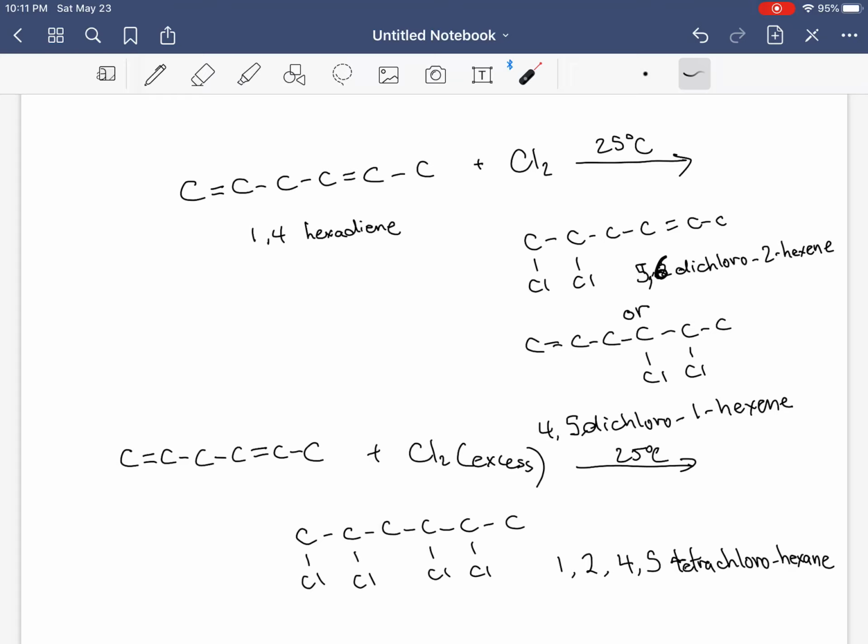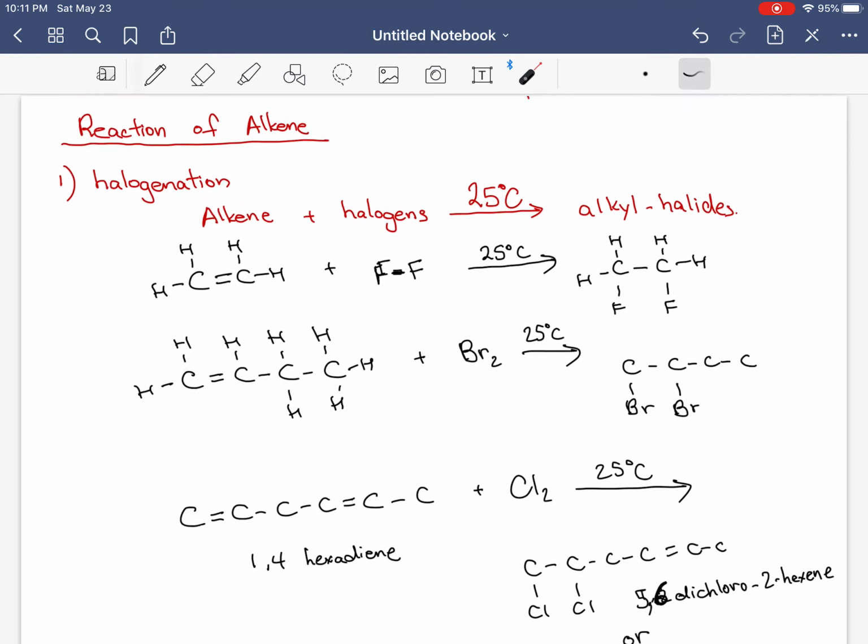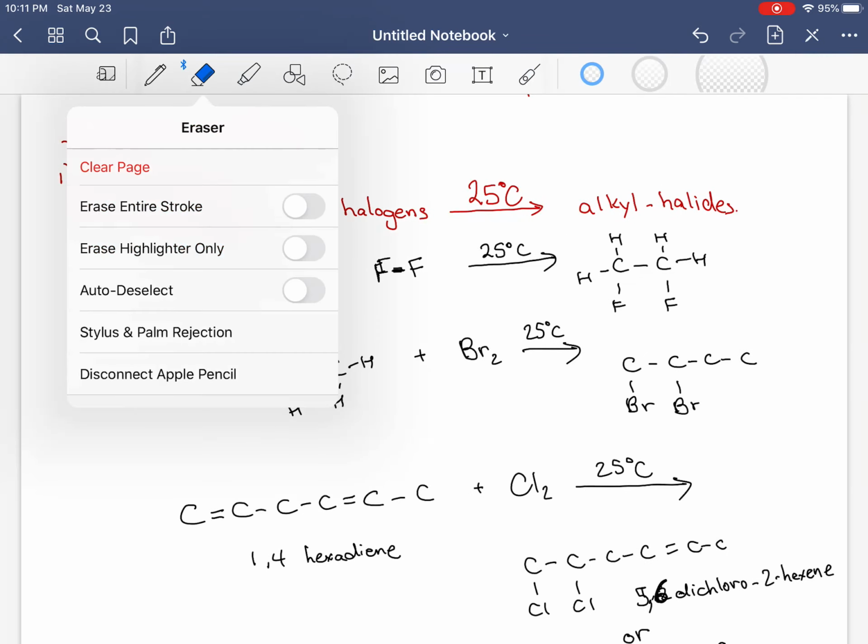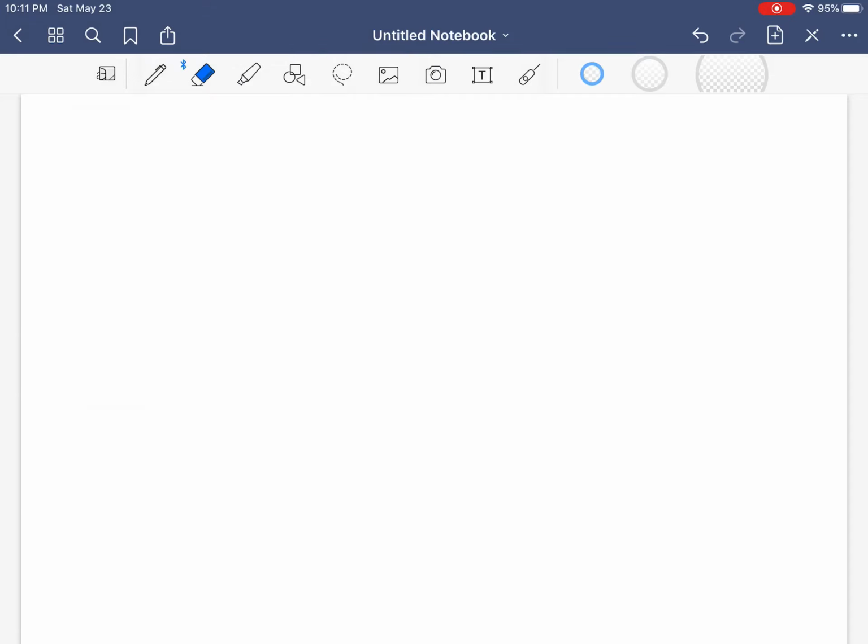So the next one I'm going to talk about, let's clear this up, number 2, is the same thing really as halogenation. It's actually the reverse of dehydrogenation, called hydrogenation.